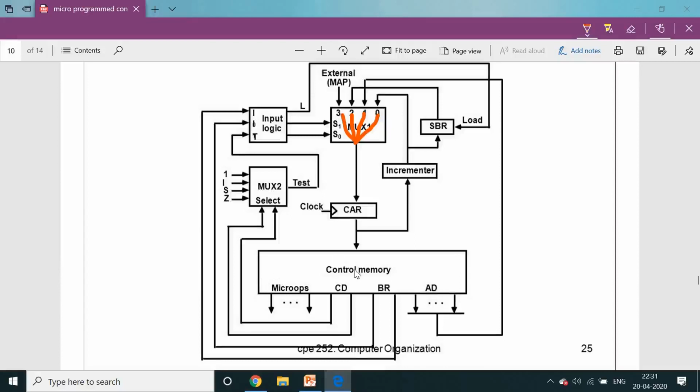Again, the control memory, with the help of that microinstruction, will generate micro-operations. This is the way: the branching address field for unconditional branch, the incrementer, the subroutine register, and the branching values received through the input logic. So there are 4 address sources. This is the way we provide this complete logic.